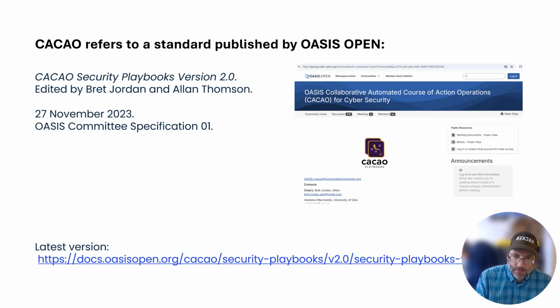OASIS Open isn't that, but they do have a lot of very smart people working on interesting problems involving artificial intelligence, cybersecurity. If you're interested in this at all, check out OASIS Open. But this specific specification for the exchange of playbook information is a standard that is available on this website, and you can check it out.